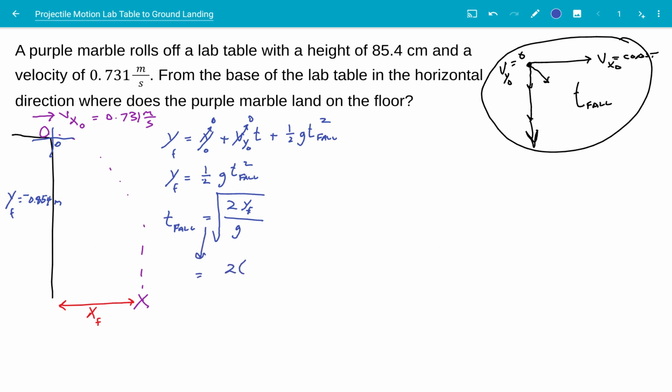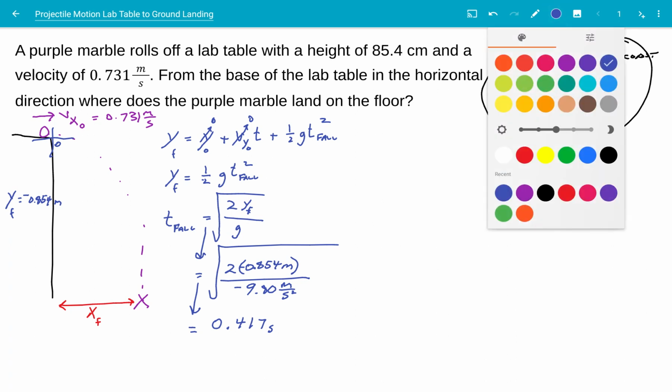So 2 times negative 0.854 meters divided by negative 9.80 meters per second squared, and this is going to be square rooted. I've done this already on the calculator, and it's going to equal 0.417 seconds. So in the y direction, the object is falling and it's going to hit the ground in 0.417 seconds, and in the x direction also, it will hit at that time.